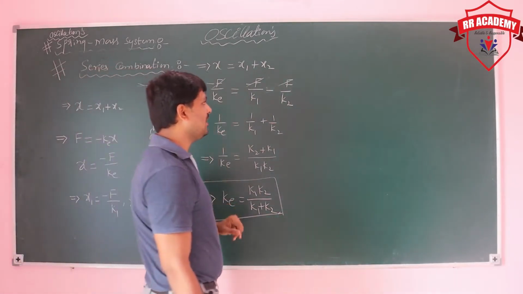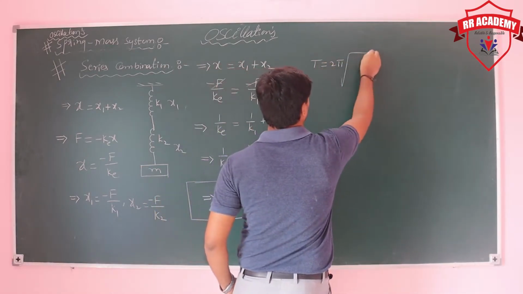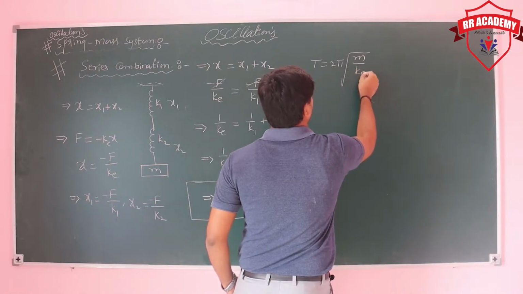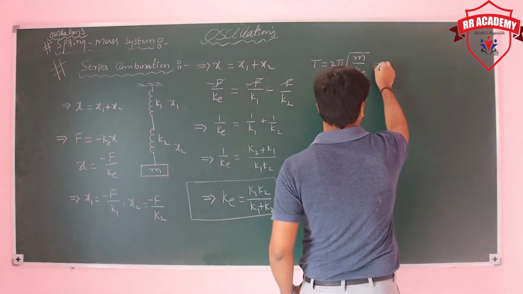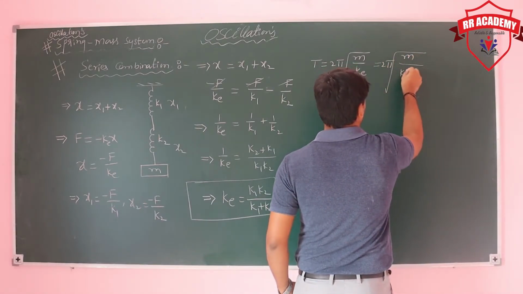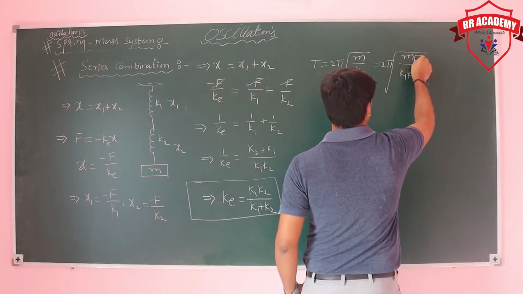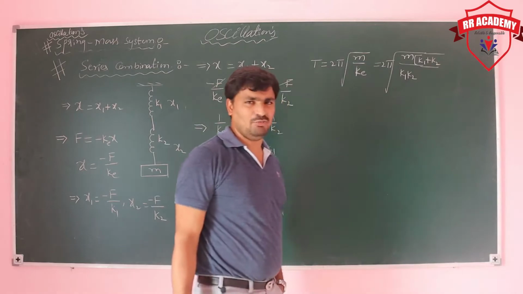Now what about the time period? The time period is 2 pi into under root m by K effective, where K effective is K1 K2 upon K1 plus K2.